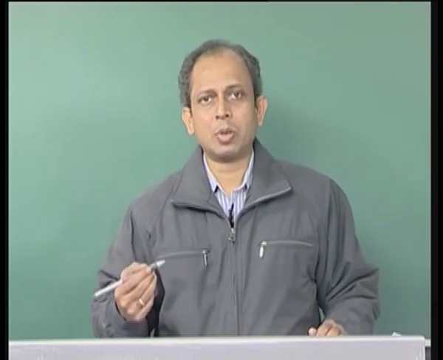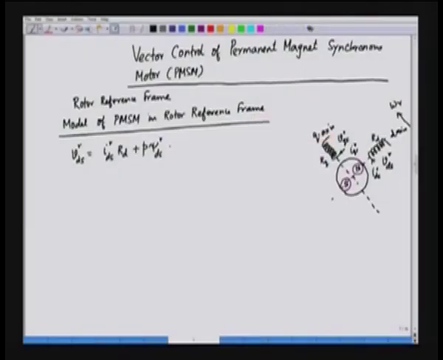And again, since the reference frame is rotating with rotor speed, there will be rotationally induced EMF in the stator. So, that can be written like minus of omega r psi qs in the rotor reference frame.